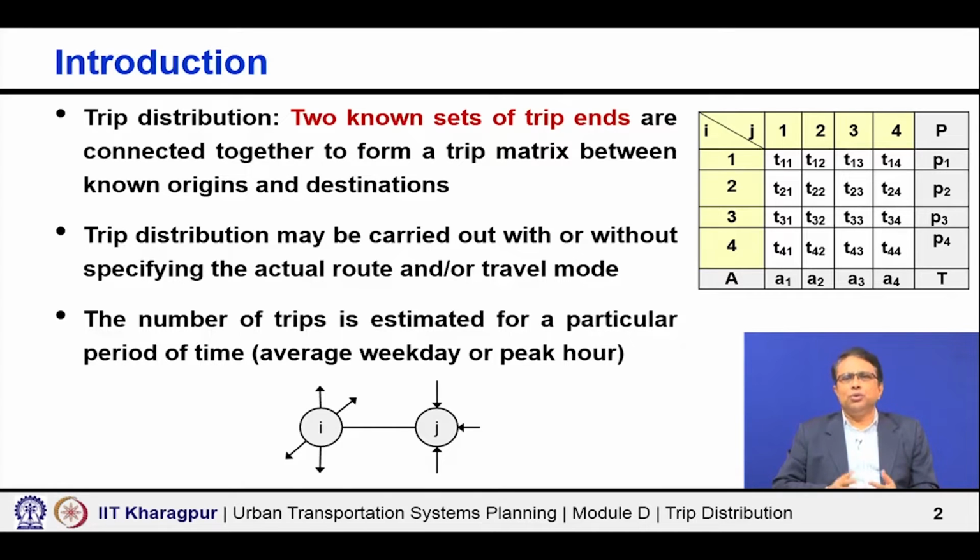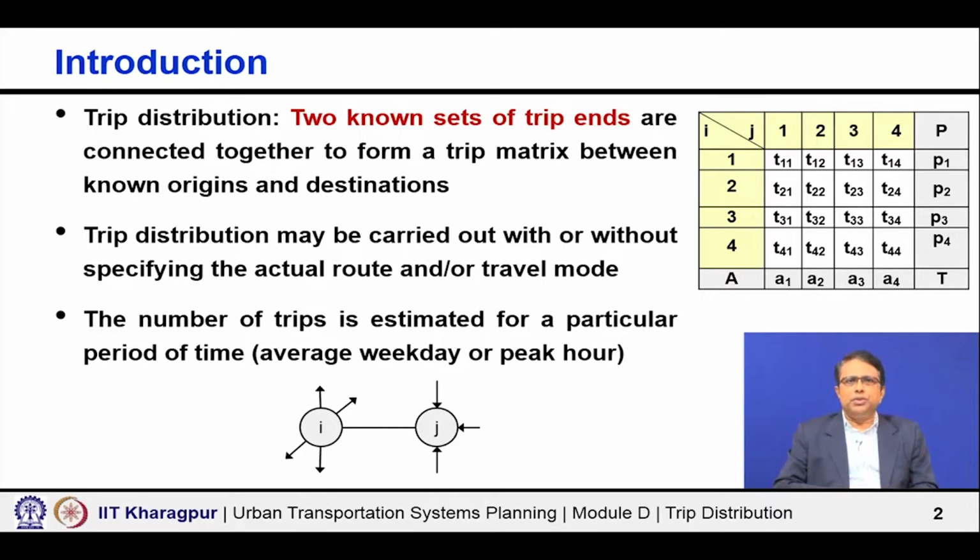But you can also prepare this matrix without referring to a specific mode, maybe the total person trips that are being made, that will be indicated in the matrix. Or, as I said, a similar trip distribution matrix may be prepared, one by private mode, one by public transport, say bus. That kind of matrices also may be developed.